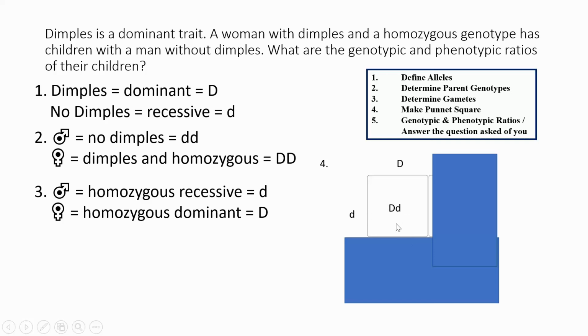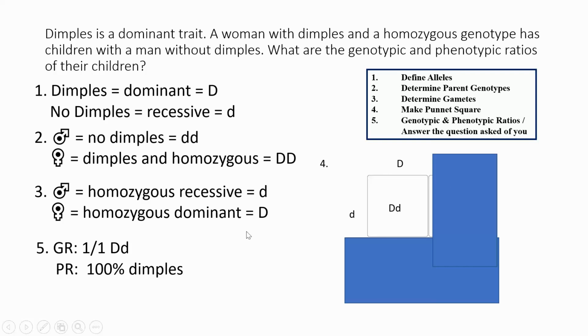Now, seeing as we've completed our Punnett square, why not take a second and try to figure out the genotypic and phenotypic ratios? Remember, genotypic is a fraction, phenotypic is a percent. Take a second. All right, so our genotypic ratio is 1 out of 1 Dd because there's one possibility here. It's only one box, and the one genotype there is big D, little d.